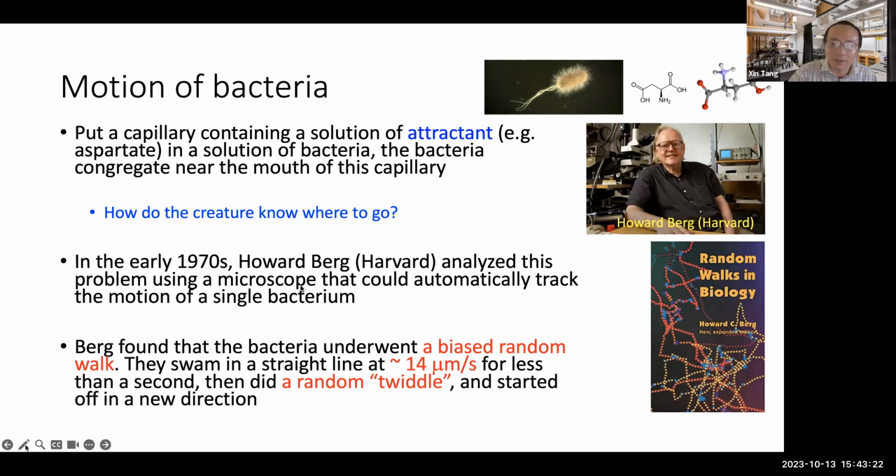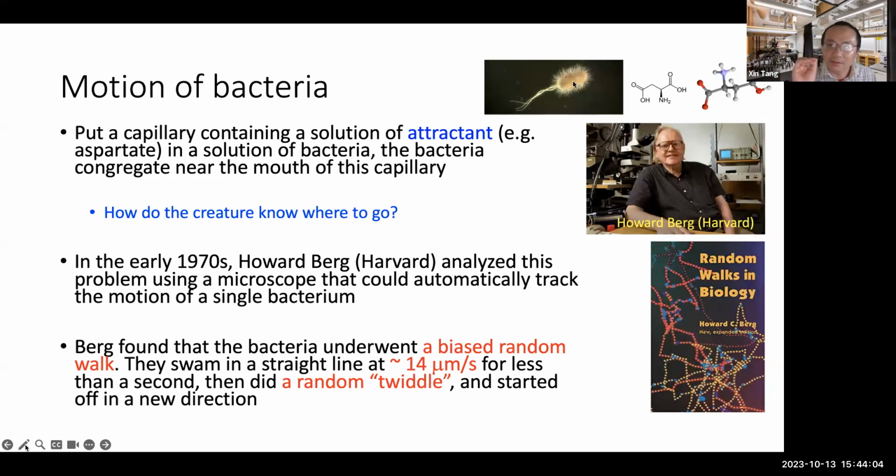He developed a microscope that can automatically track the motion of a single bacterium. He found that in this chemical sensing situation, bacteria perform a biased random walk and swim in a straight line. They never do the random walk when the food is present distantly. The speed reaches 14 micrometers per second, very quick at that micro scale. Remember, in the micro scale, water, if the bacteria is 1 micrometer.